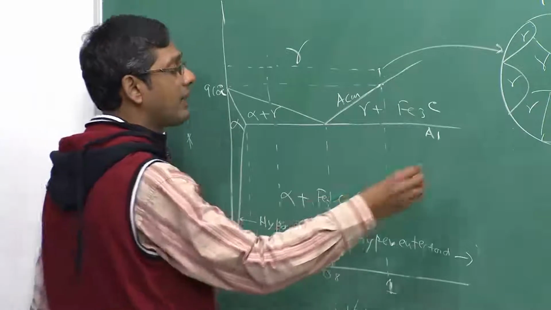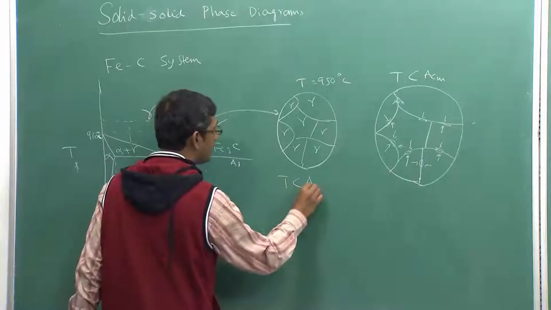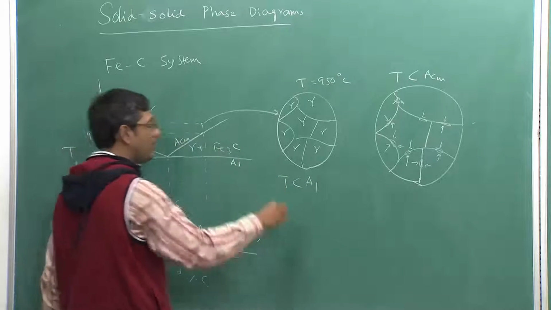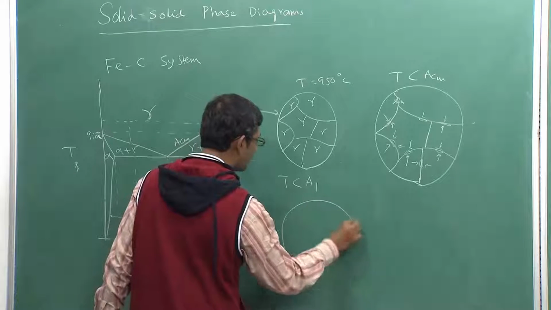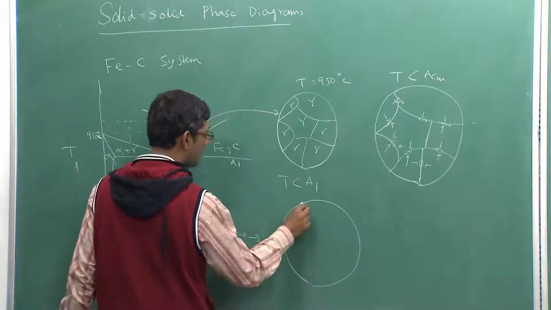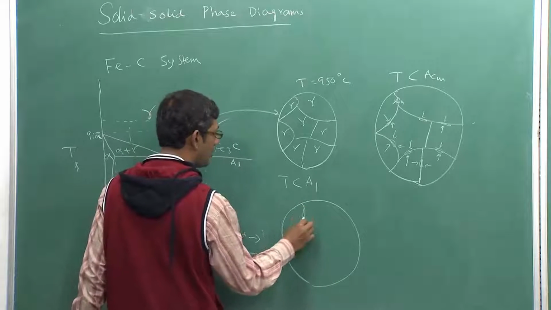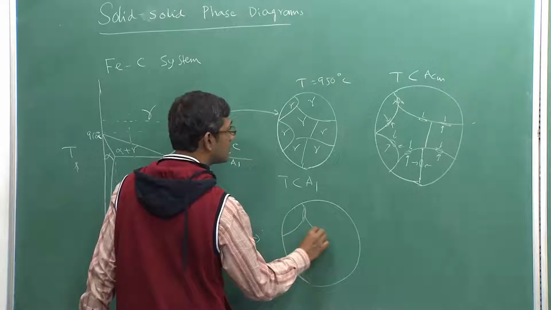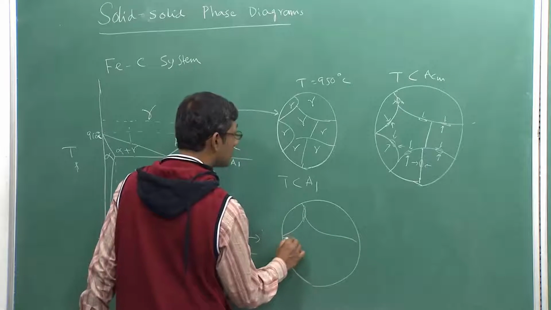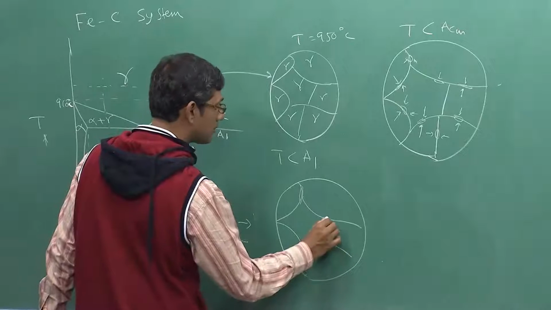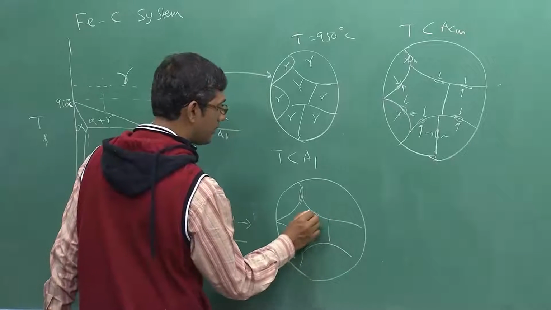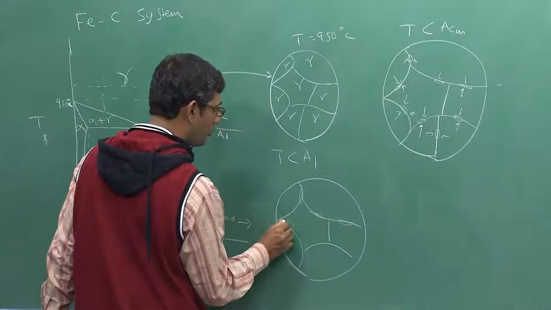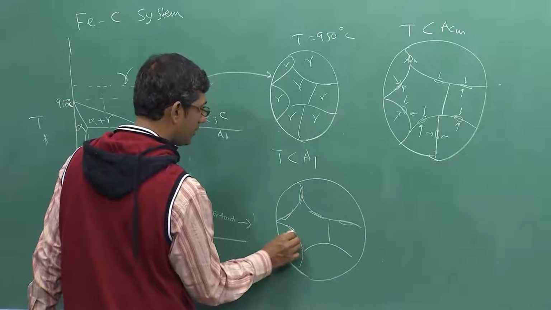So, finally, at a temperature below A1, whatever gamma grains remain will transform to perlite. These are all cementite which have grown along these boundaries.